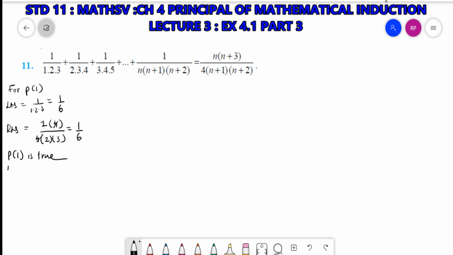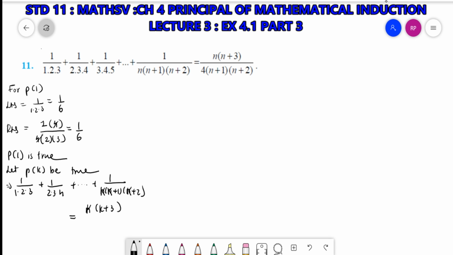Okay. Now let P of k be true. So what does that imply? 1 upon 1, 2, 3 plus 1 upon 2, 3, 4 up to 1 upon k, k plus 1, k plus 2, that is equal to k plus 3 upon 4 into k plus 1, k plus 2.